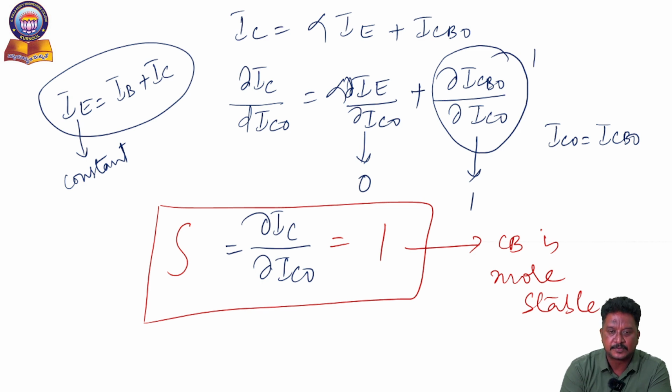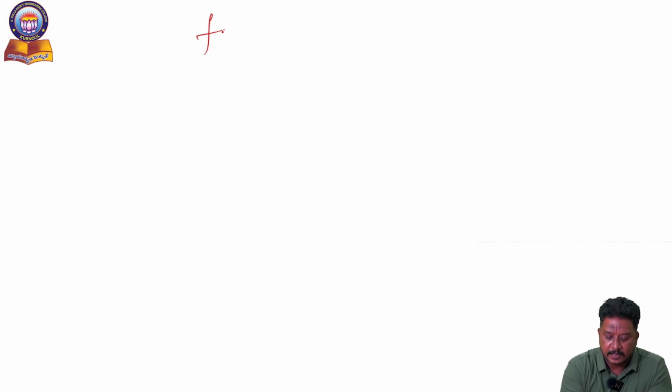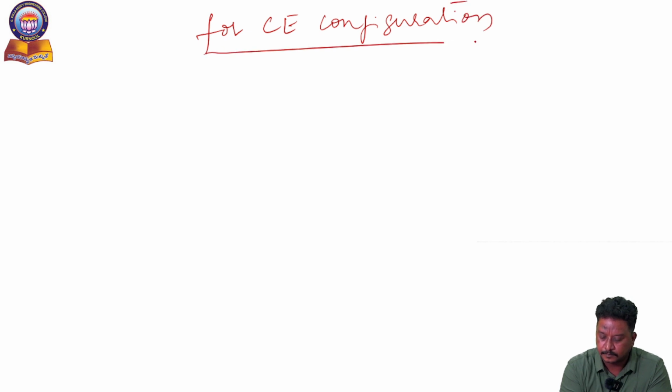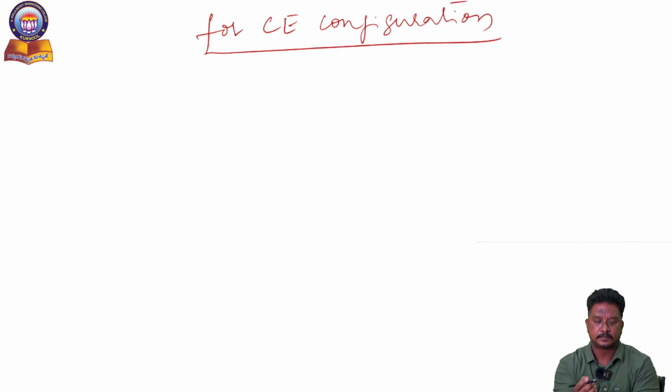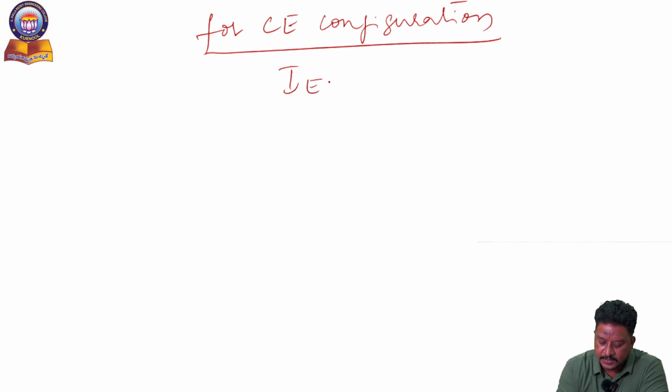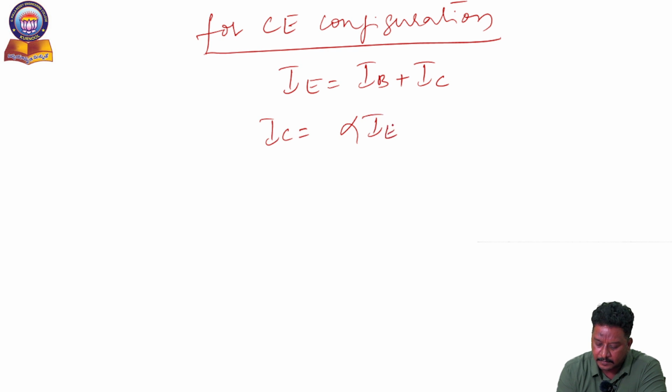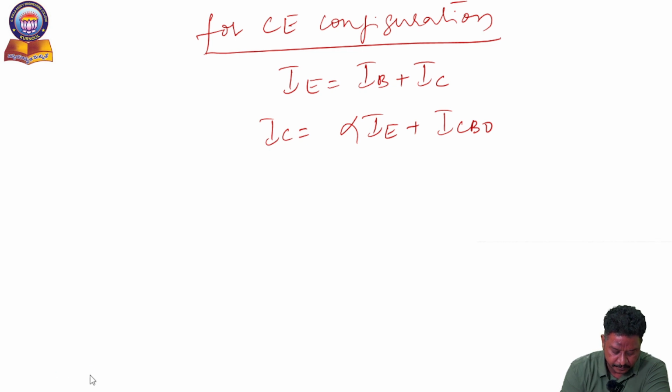Now we will try to see the transistor equation of the common emitter. For the common emitter configuration, as you know, IE is equal to IB plus IC from the definition of a transistor, and from the common base configuration, IC is equal to alpha IE plus ICBO.